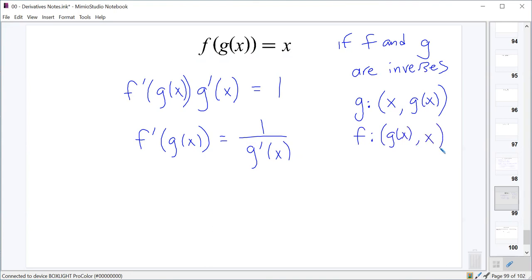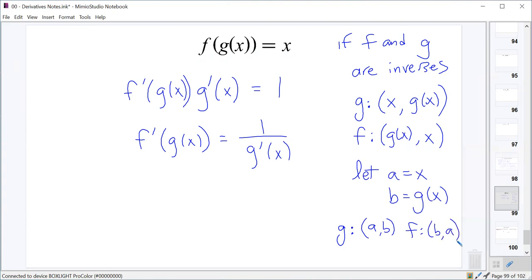To come up with a rule that makes a little more sense than this one, we're just going to let a equal x and b equal g of x, where a and b are just some constants. That indicates that g must contain the point a comma b, where f contains the point b comma a.